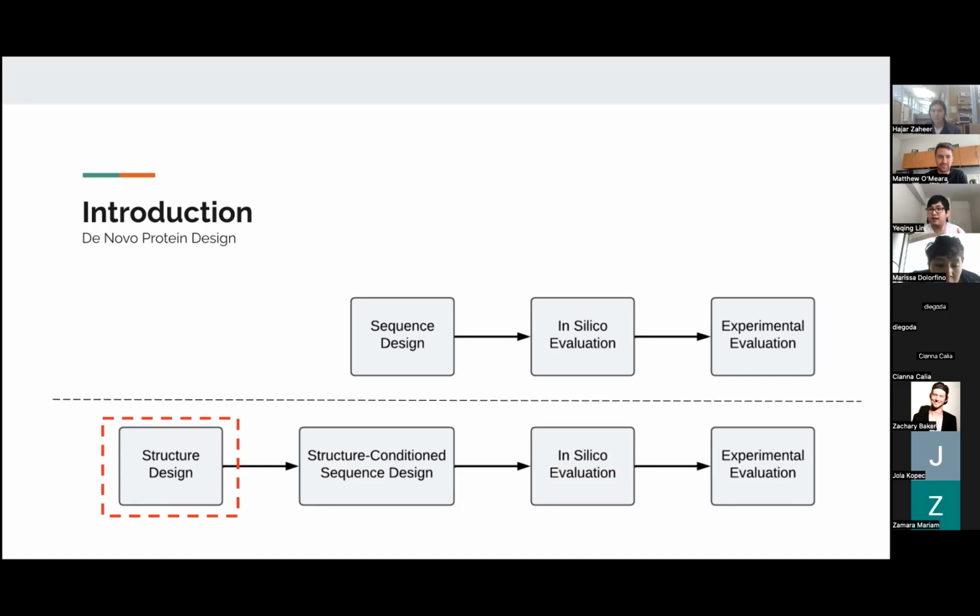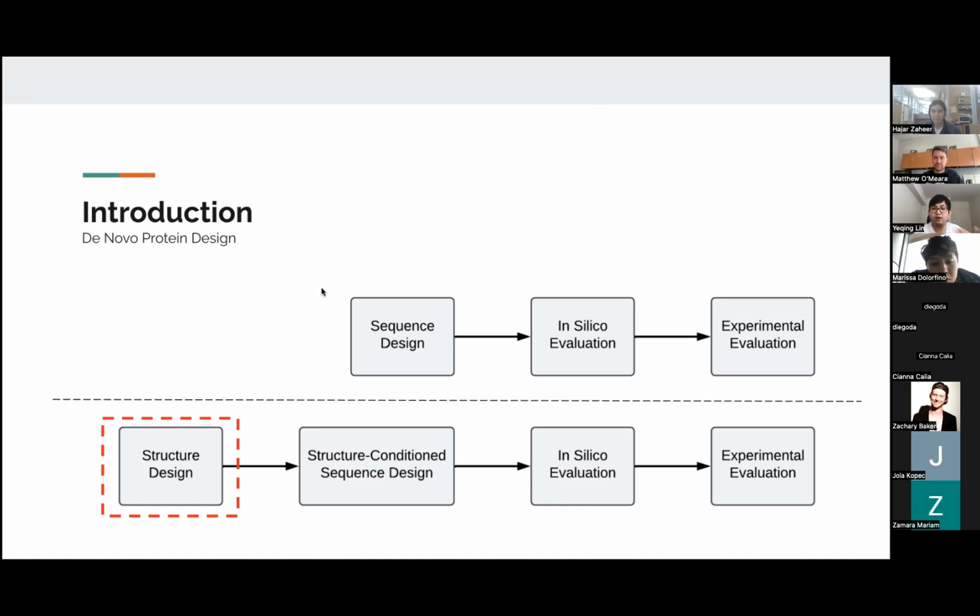In terms of design, you consider the sequence and also the structure. The first popular pipeline is to design the sequence and then use that generated sequence to do in silico evaluation. Basically, you run a computer program to check if it's valid, and then later run it through experimental validation to check if it's actually soluble or it's actually a protein.